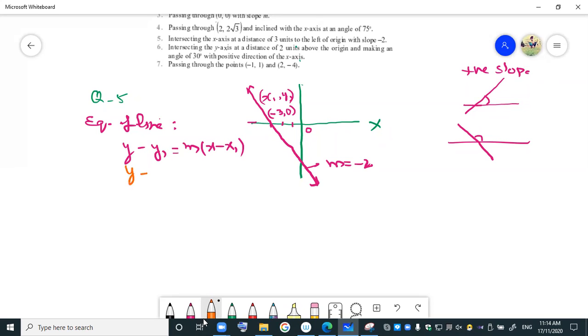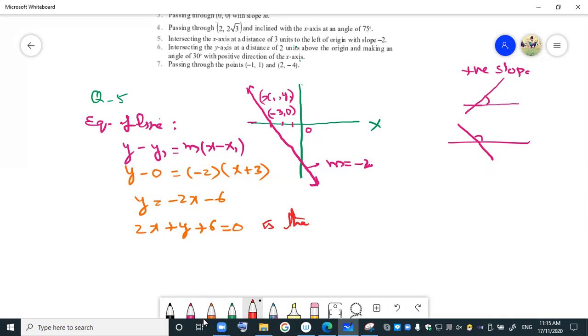Y minus y1, y1 is 0, m is minus 2, x minus x1, minus minus 3, plus 3. So y is equal to minus 2x minus 6. So 2x plus y plus 6 is equal to 0 is the required equation of a line.